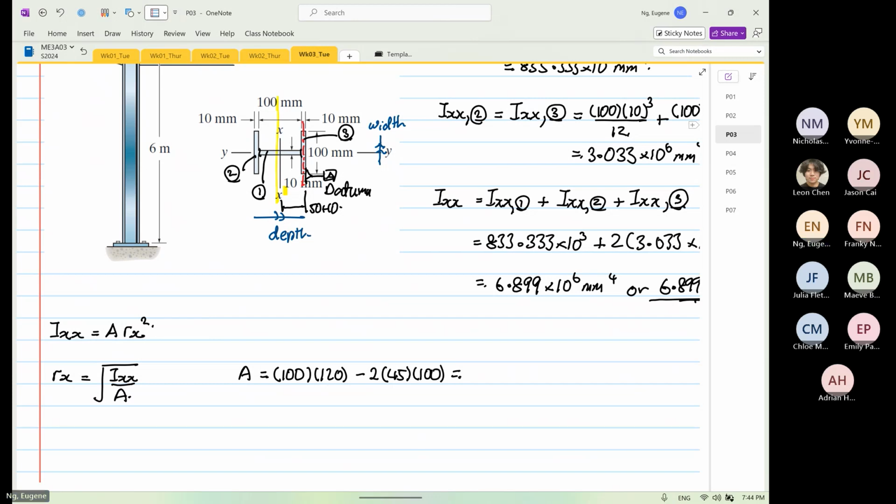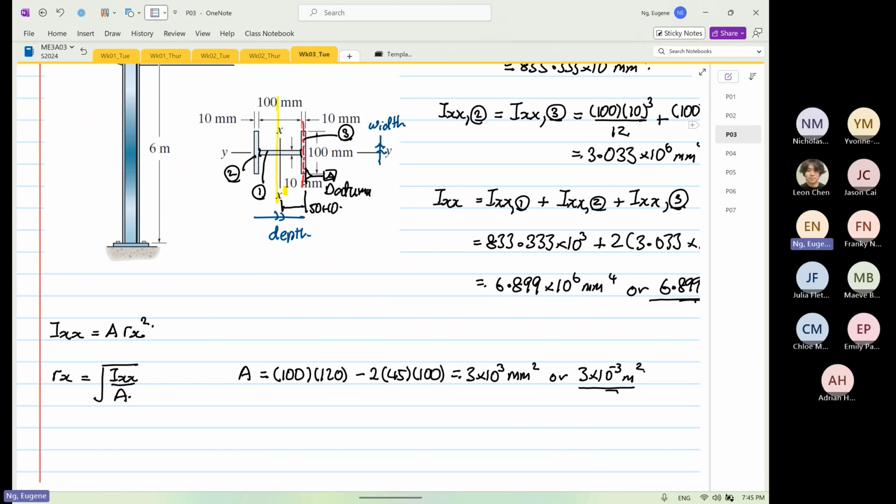So 100 times 120 minus 2 times 45 times 100 is equal to 3000, or 3 times 10 to the power 3 millimeter squared, or 3 times 10 to the power minus 3 meter squared. Okay, so that is our area, our cross-sectional area.